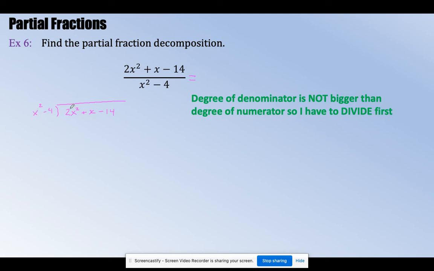So what do I multiply x squared by to get 2x squared? Right, degree 1 is less than, so I'm done.